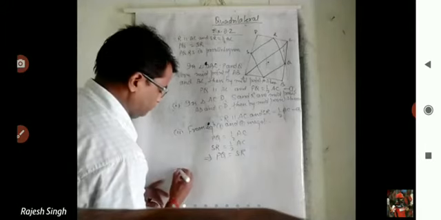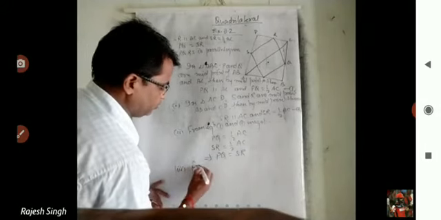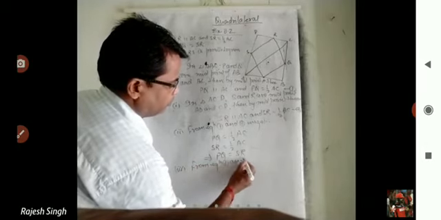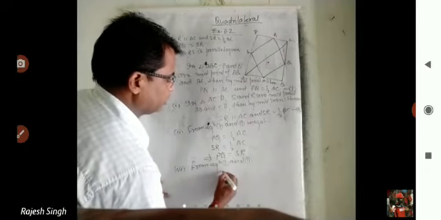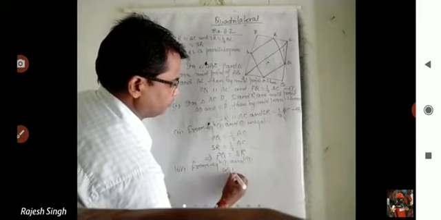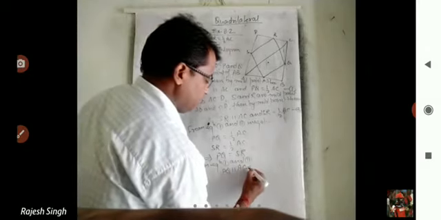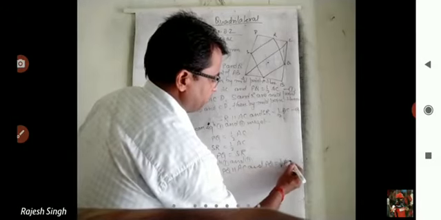In the third part, we write the same way. From equations 1 and 2, PQ parallel to AC and PQ is equal to 1 by 2 AC.